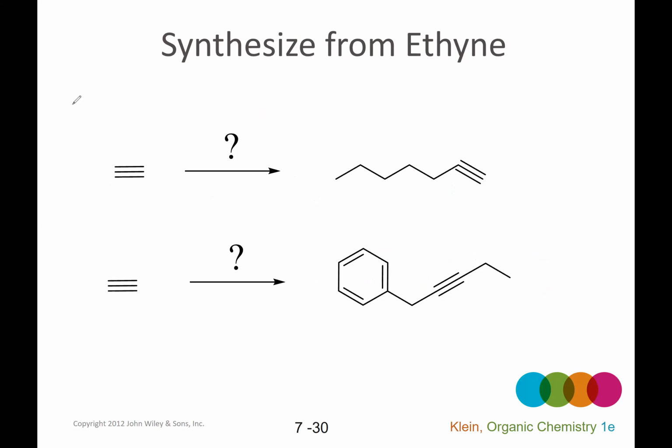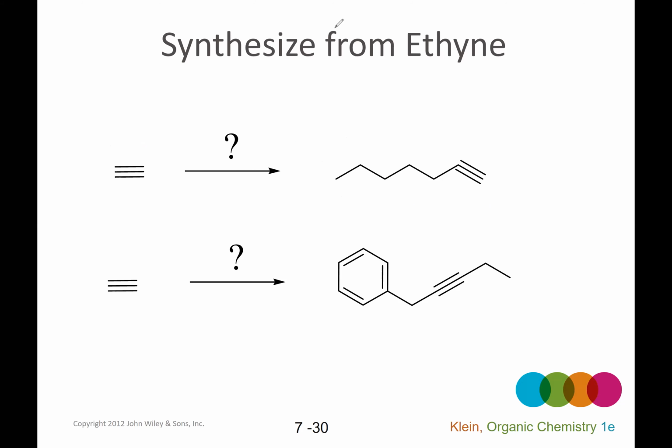So let's try to synthesize this molecule here. And we want to start from acetylene, or ethyne is the systematic name. Okay, we're going to do both of these. So we got acetylene, and this is 1, 2, 3, 4, 5, 6, 7. So we have 1-heptyne. So I am going to show that on the next slide.